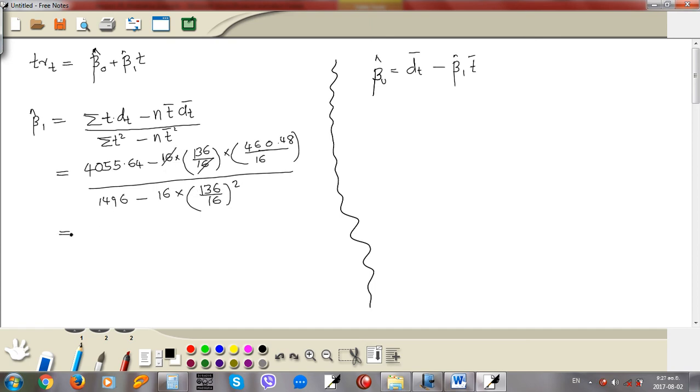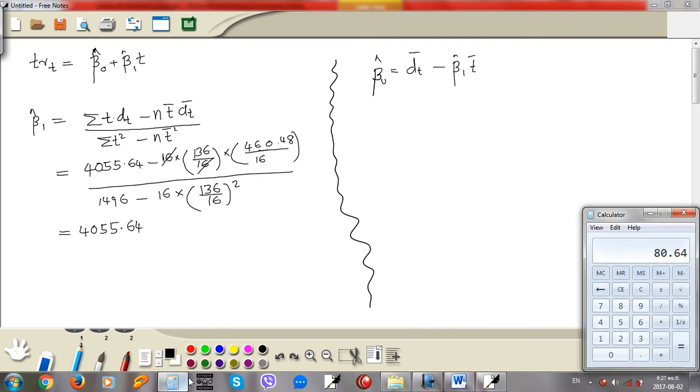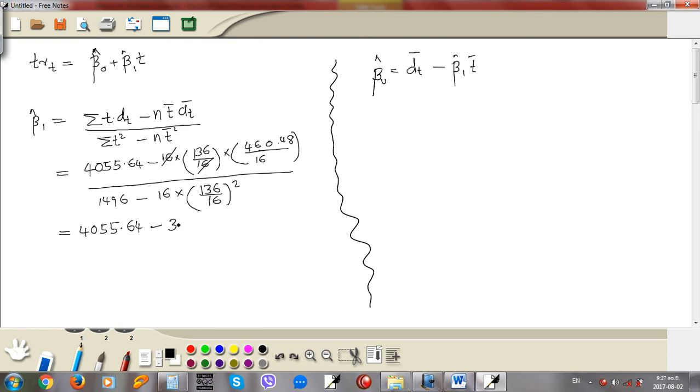Then we have 4055.64, so we have to do this one, no? 136 multiplied by 460.48 divided by 16, then it comes to 3914.08.